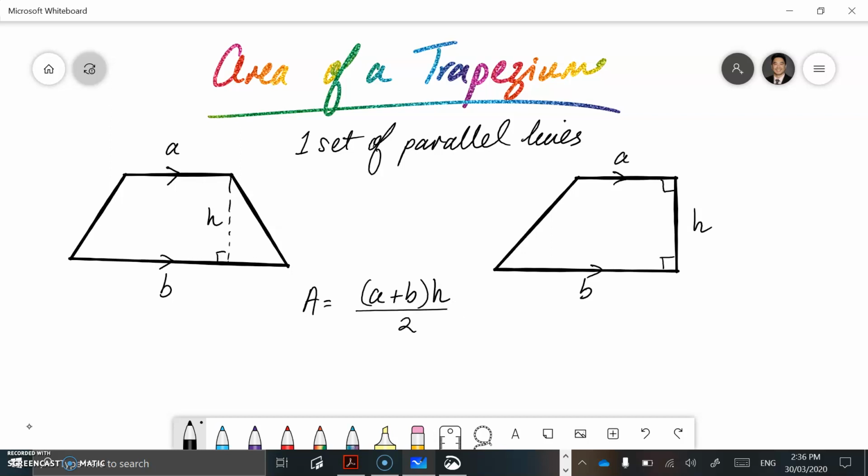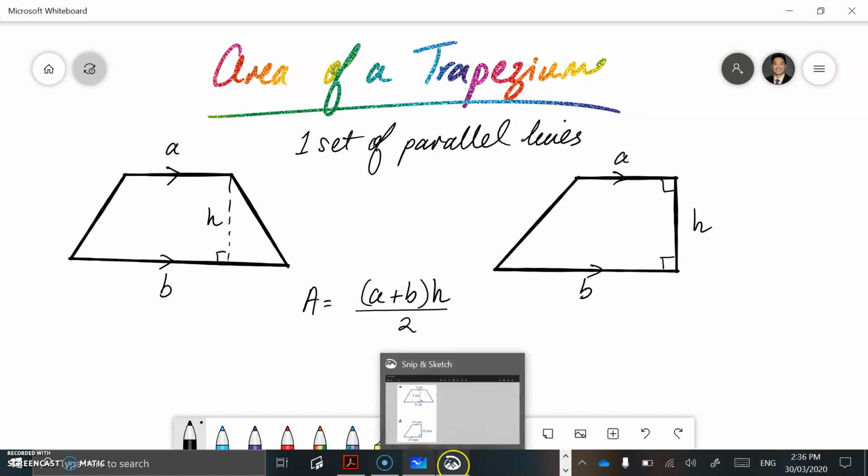Okay, so let me go through that again. You're going to add A and B, those two top and bottom sides. We're going to multiply it by H, which is whatever the height of the trapezium is, and then we're going to halve that, so we're going to divide that by 2.